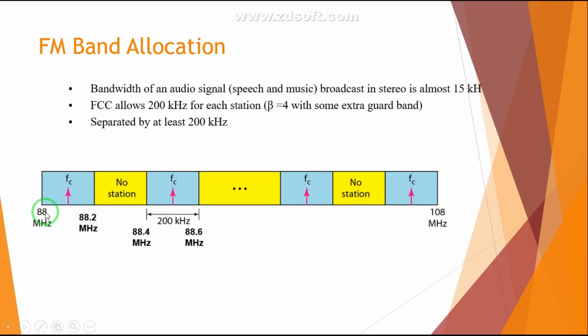The bandwidth of each station is also 200 kilohertz. So 88 to 88.2 megahertz is the bandwidth of channel 1, station 1, and station 2 is going to start from 88.4 to 88.6. And so on. Then 88.6 to 88.8 megahertz, with the separation between these two channels.